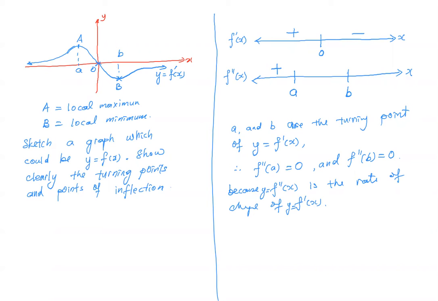So between A and B, the f prime x graph is going down, so the rate will be negative. Then it is positive again. So from these two sign diagrams, I'm going to make a conclusion about my f(x) graph.